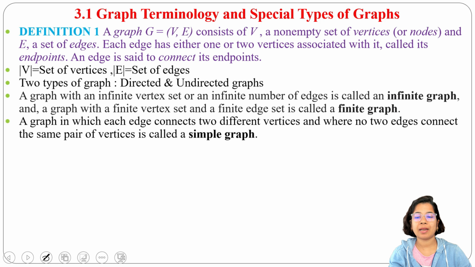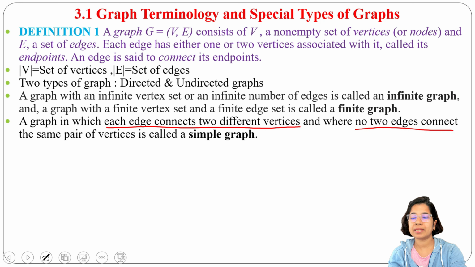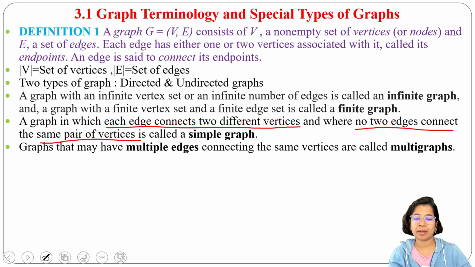Next is simple graph. A graph in which there are no loops and no multiple edges is called a simple graph. So here each edge connects two different vertices, meaning there are no loops, and no two edges connect the same pair of vertices, meaning there are no multiple edges. That is called a simple graph.